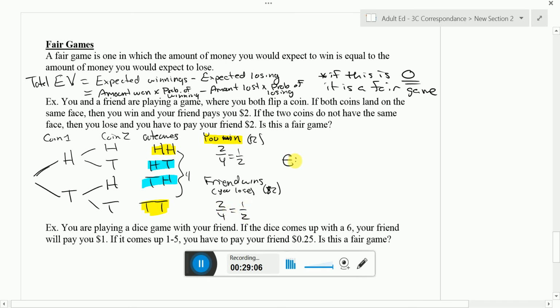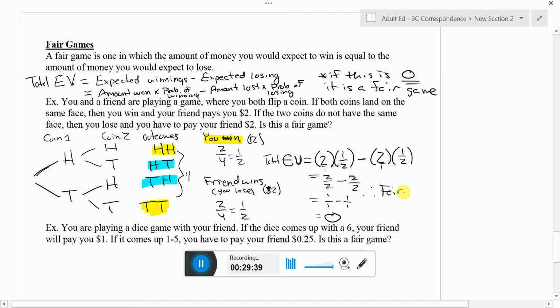The total expected value is equal to the amount that you win, which is 2, times the chance of you winning, which is 1/2, minus the amount you lose, which is 2, times the chance of you losing, which is 1/2. Those are the exact same thing. 2 over 1 times 1 over 2 gives us 2 over 2 minus 2 over 2, 1 over 1 minus 1 over 1, or 0. What that tells us is this is a fair game.